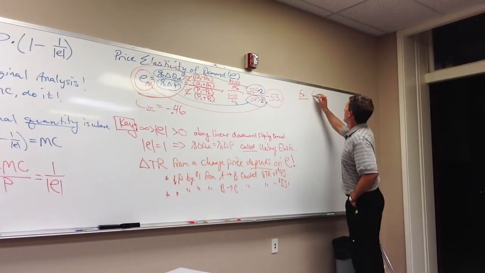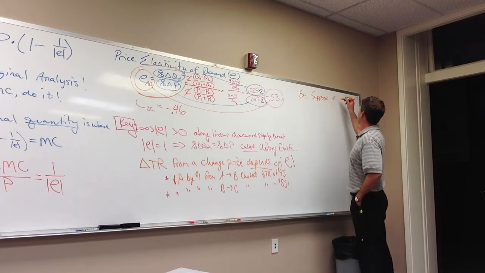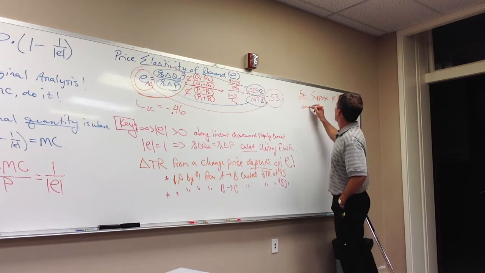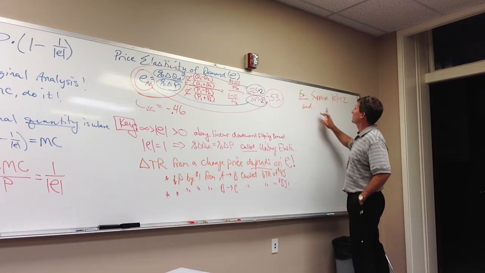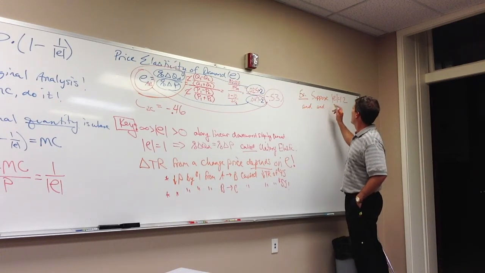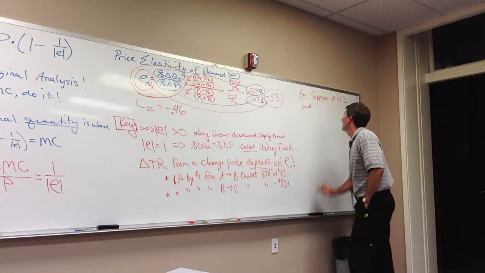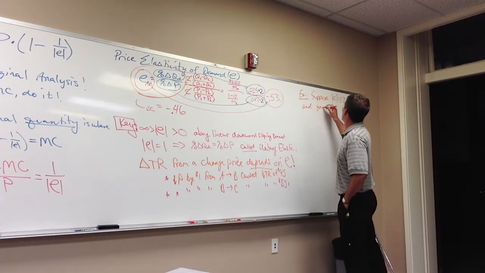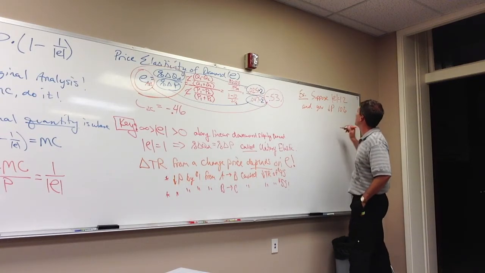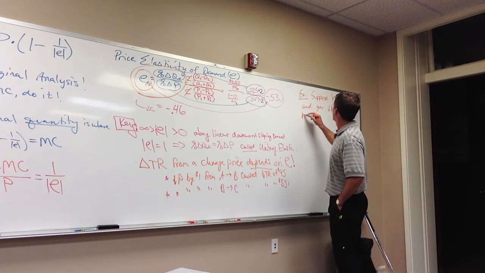Suppose the elasticity of demand is 1.2 in absolute value, and you decrease price 10%. How much do you expect to sell?